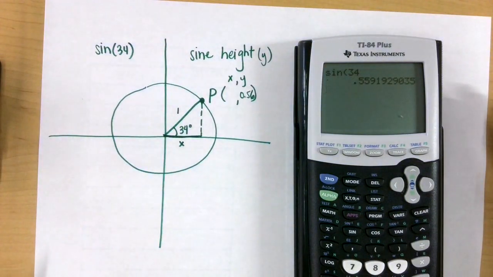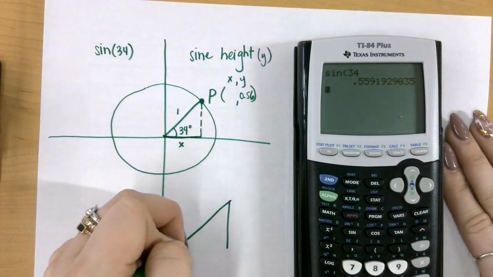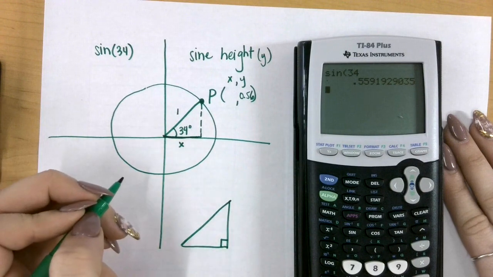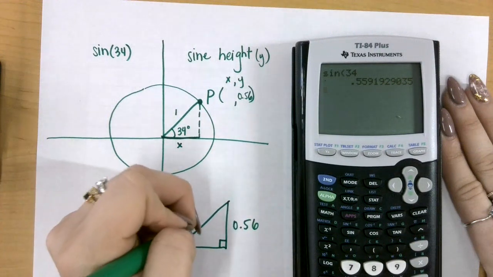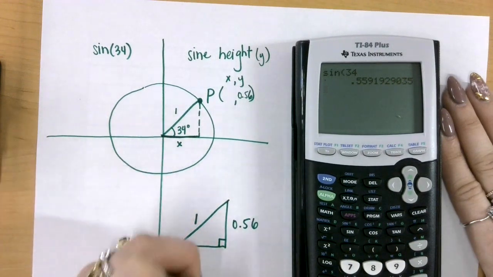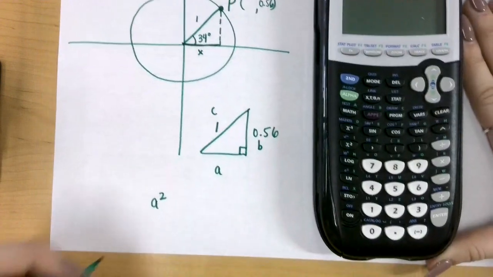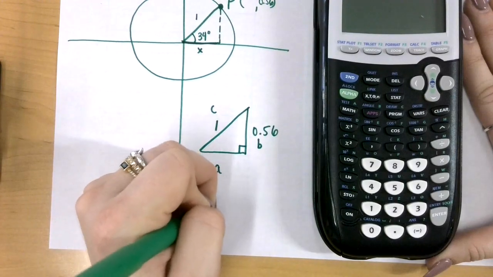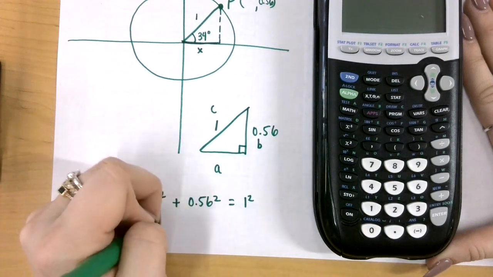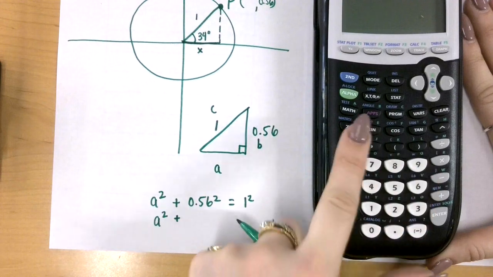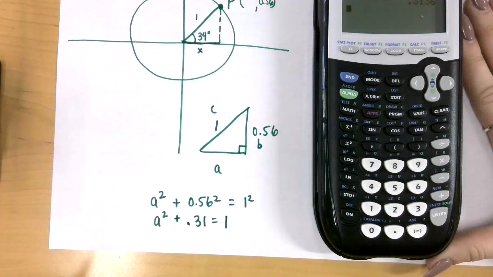Okay. So using what we know about triangles, we can set up this right triangle and find that base using the Pythagorean theorem. Okay, so this is 0.56, this is 1. So this is our A side, this is B, and this is C. So A squared plus 0.56 squared equals 1 squared. So we have A squared plus 0.31 equals 1.